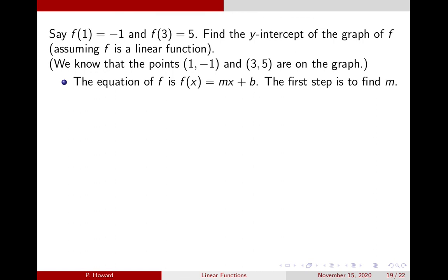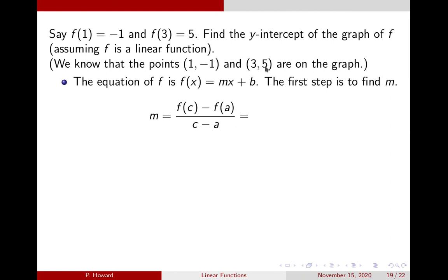The first step is to find the number m, the slope, which was what we did in our previous calculation. The slope is f of c minus f of a over c minus a. In this case, c is 3 and a is 1.